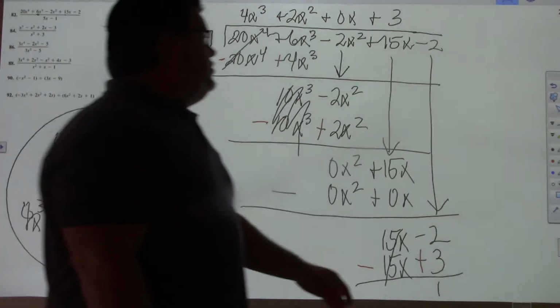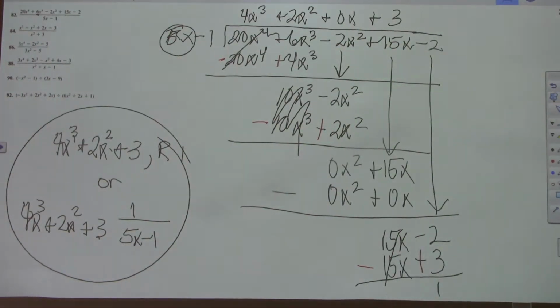So the main thing you have to do with long division, you don't have to be smart, you just have to make sure everything's accounted for. You got to make sure everything's there.